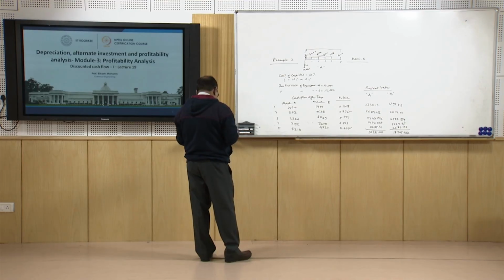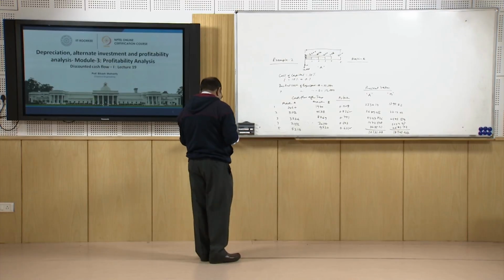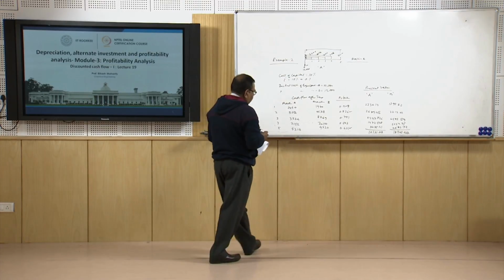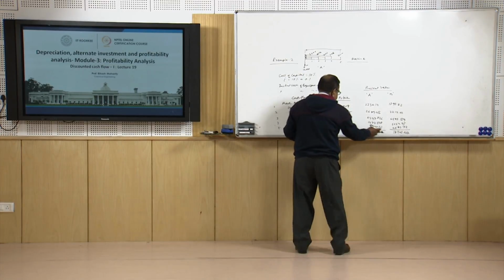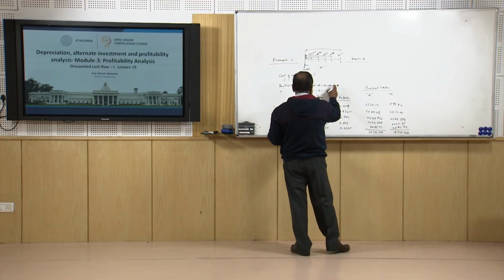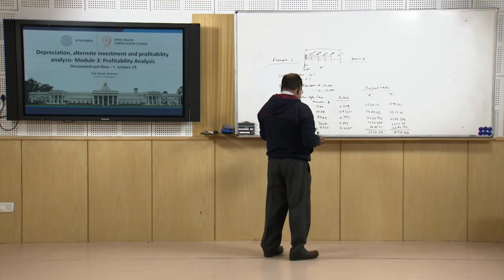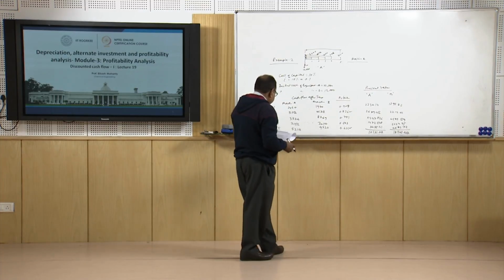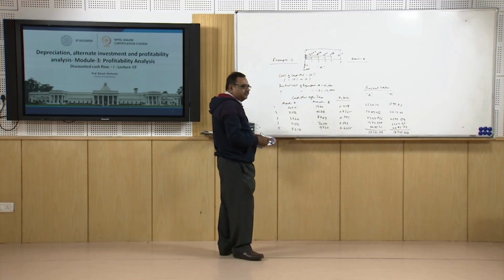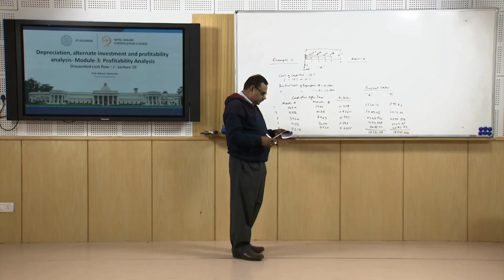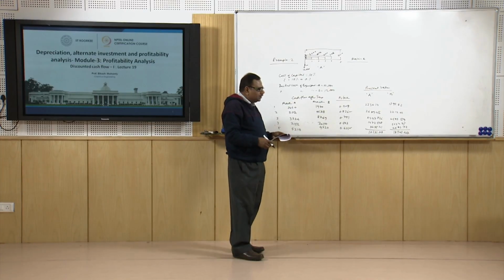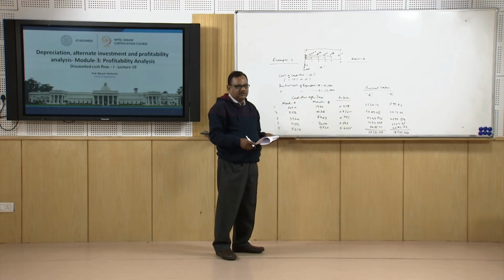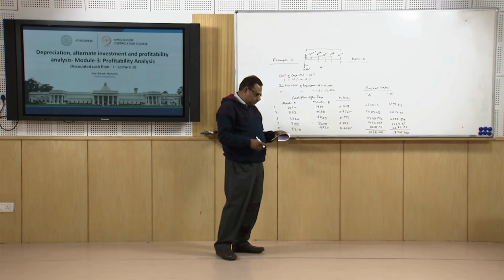Now, this is more and this is less. So the cash outflow for both machines is negative, and hence we cannot select these machines because the NPV is negative.